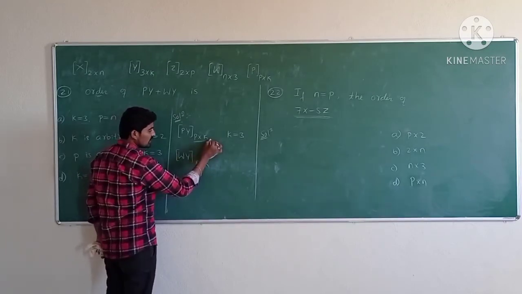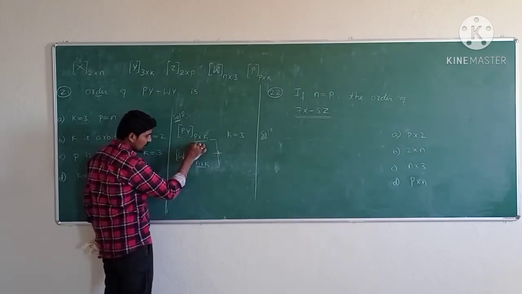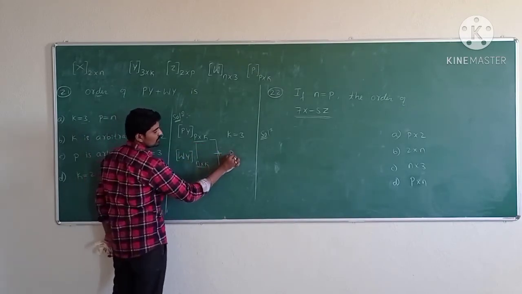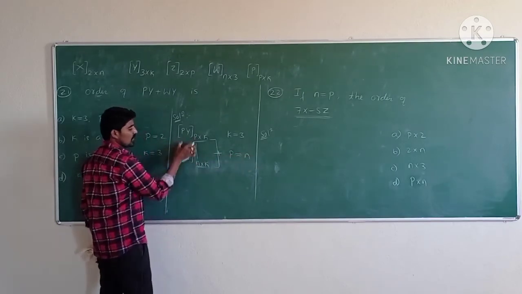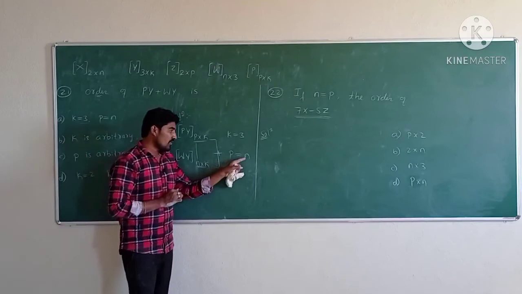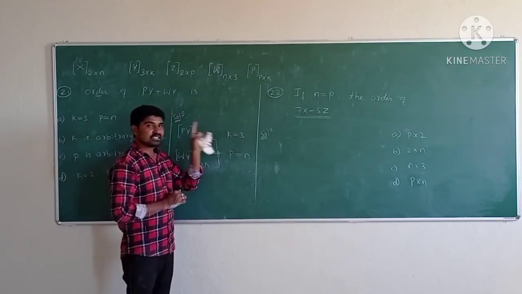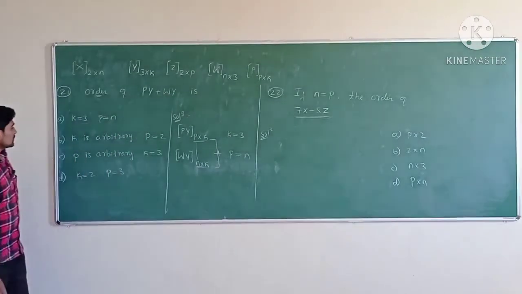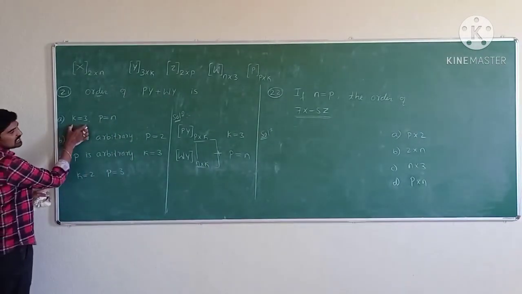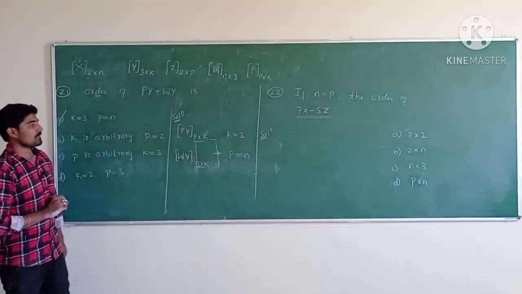To define PY plus WY, p should be equal to n. Then only PY plus WY is defined. Therefore we get two conditions here: p should be equal to n, and k is equal to 3. Among the four options, the first option is k equal to 3 and p equal to n. Therefore option A is the correct answer.